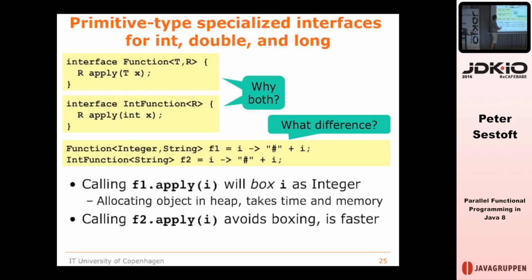Whereas calling f2.apply will avoid the boxing because the argument type is int. You can't see it in the syntax. You can certainly write f1.apply(42), and the compiler will not complain. Only at every invocation at runtime you will have this cost of allocating an object. So the whole thing is there purely for performance, to avoid the penalty of allocating this capital Integer object in the heap.